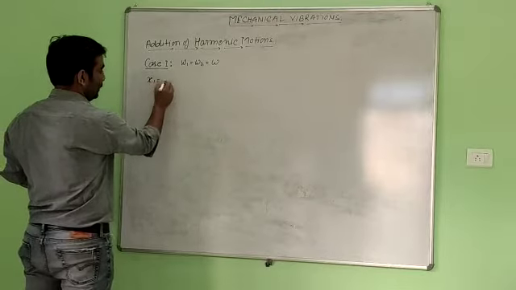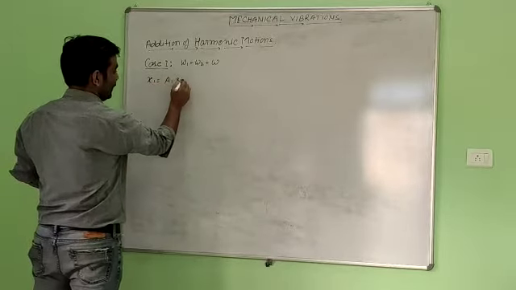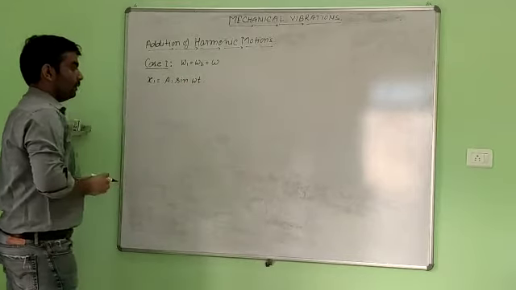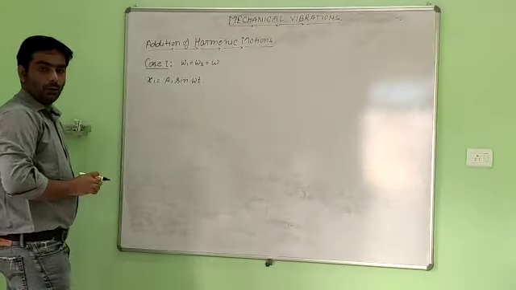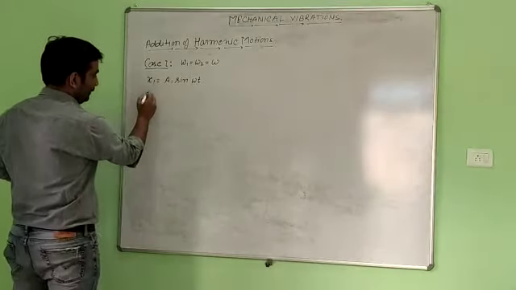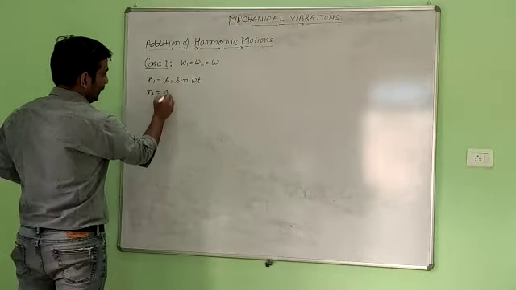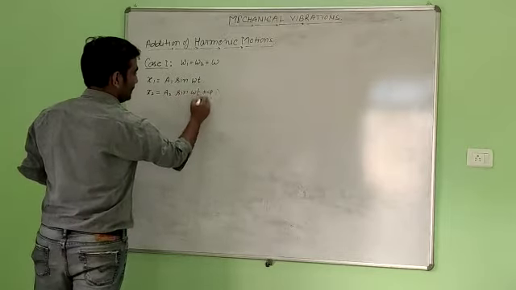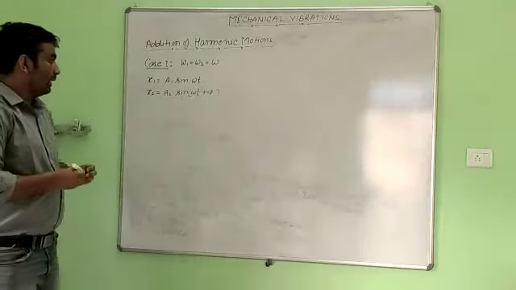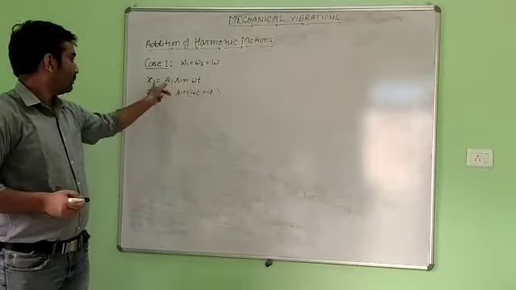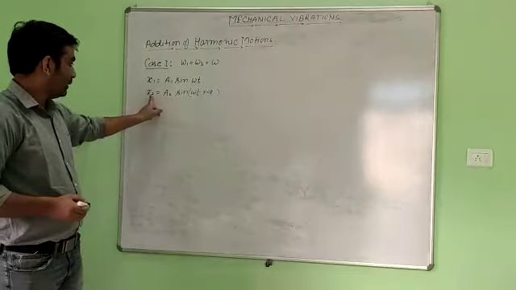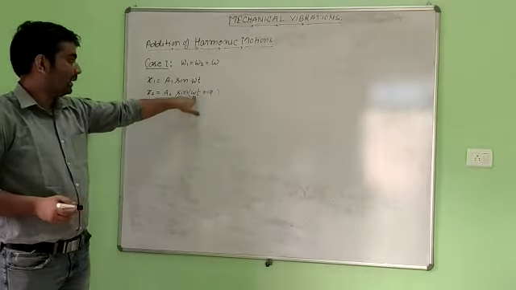First harmonic motion we are taking x1 is equal to a1 sin omega t. And second harmonic motion we are taking x2 equal to a2 sin(omega t plus phi). Omega 1 corresponding to the first is omega, omega 2 corresponding to the second frequency is again omega.